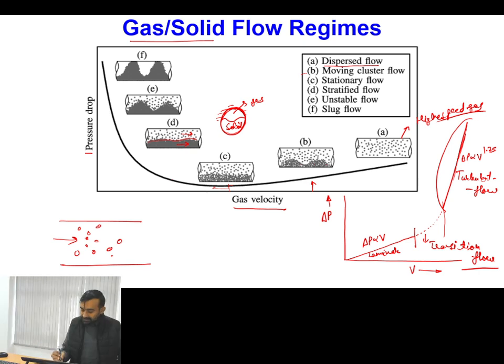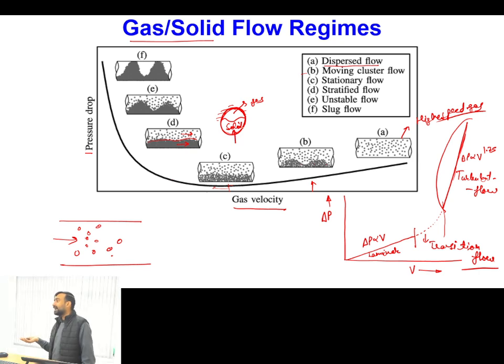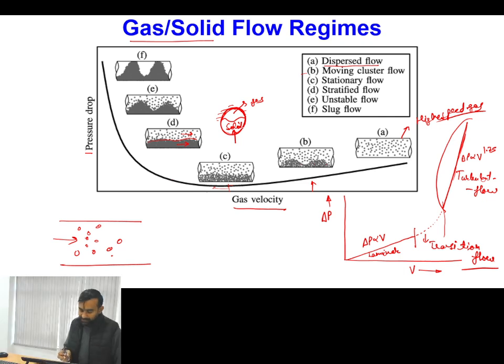This solid friction typically will be significantly higher in comparison to the friction because of the surrounding gaseous phase. So that is why we will find a significant increase in the pressure drop.